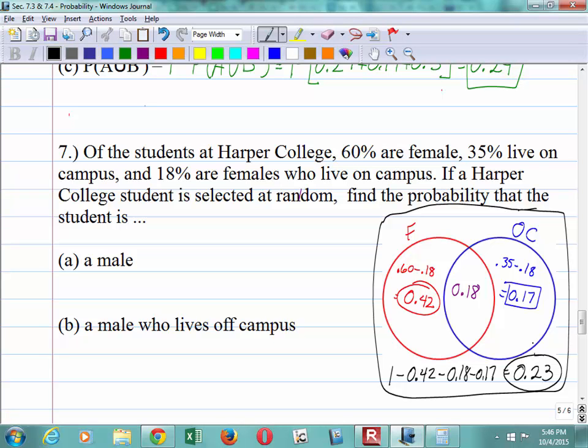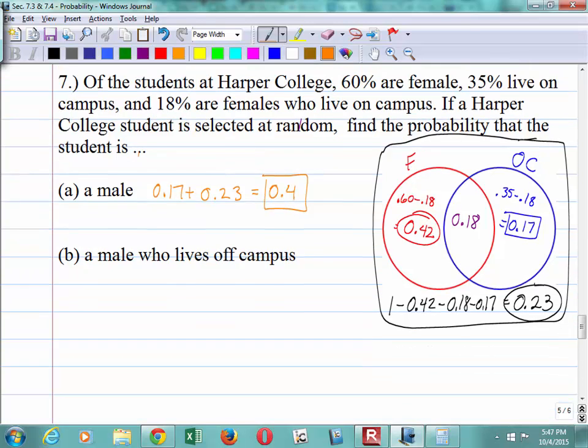That's going to be everything outside of the female circle, so that would be 0.17 plus 0.23, which would be 0.4. We could have also figured that out by just doing 1 minus 0.6. A male who lives off campus, that's going to be your 0.23.